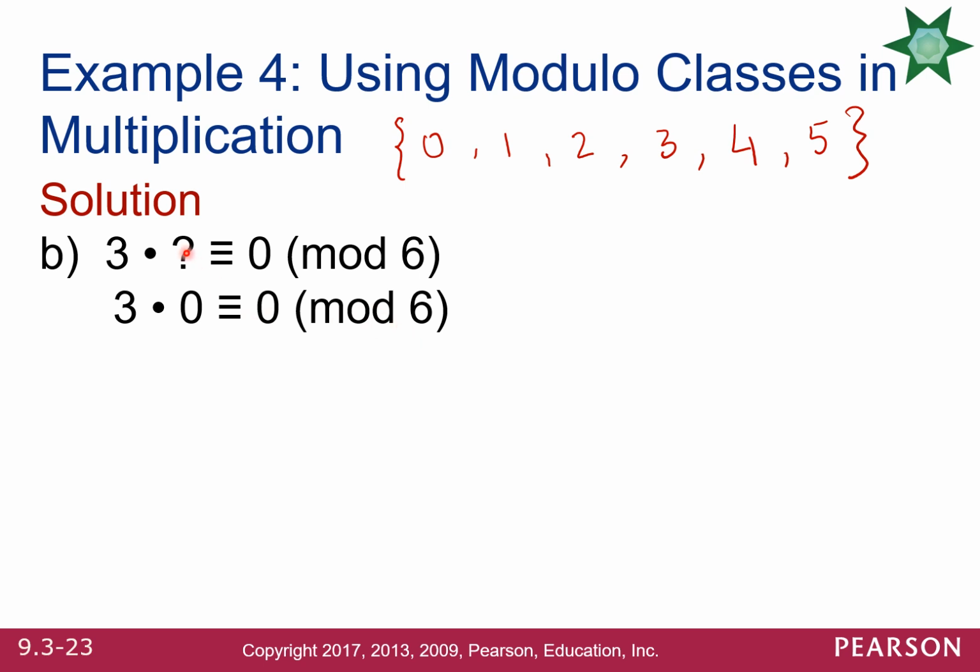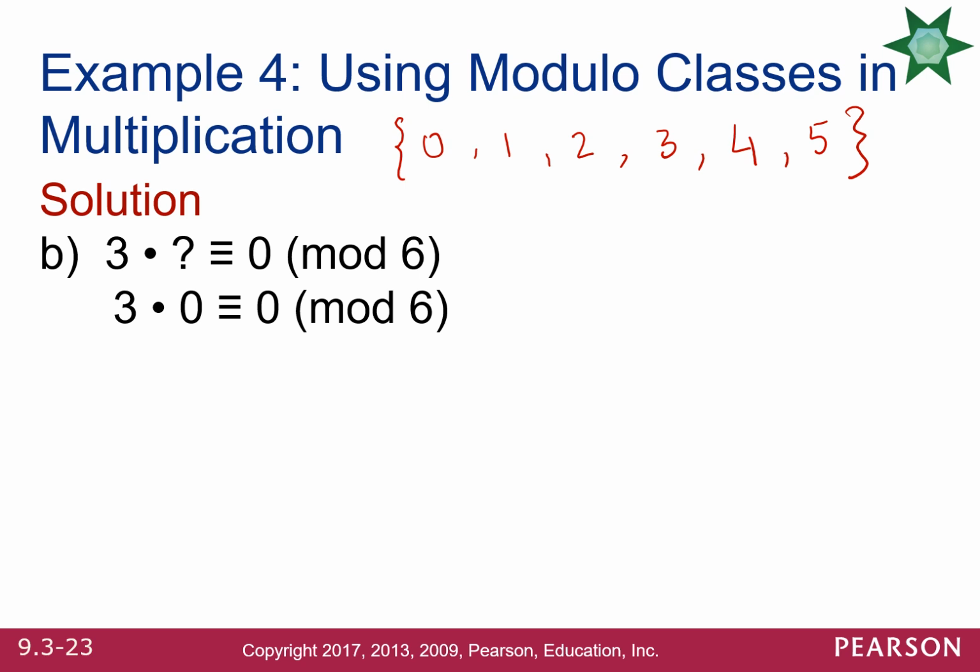We could replace the question mark with a 0, and this expression would be true. But we cannot stop here. We have to test this expression using all these values, because it is possible that more than one value could satisfy it. So we are going to test out this expression, plugging in all the remaining values from our list.